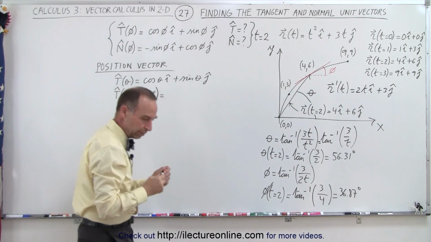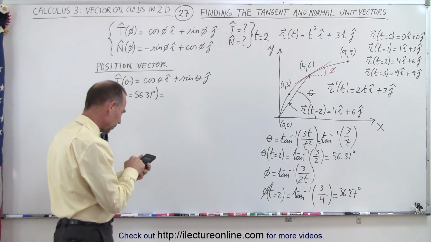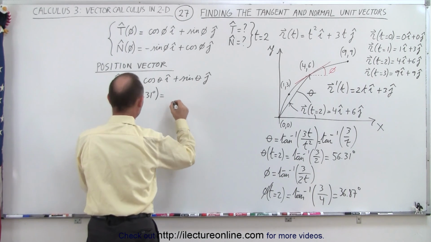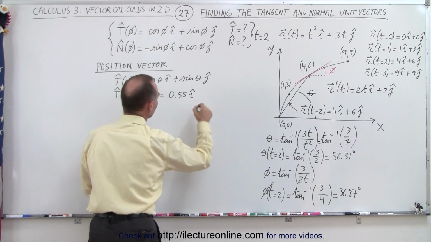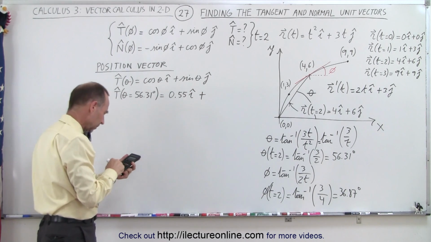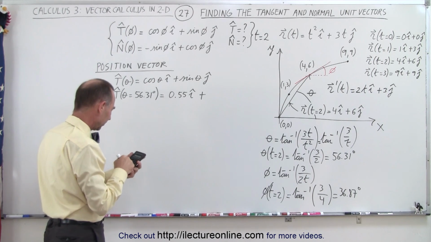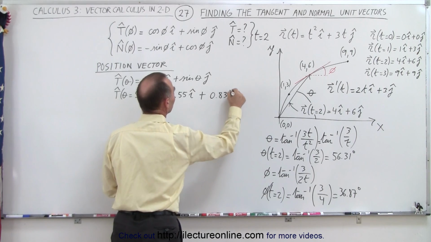So the cosine of 56.31 is 0.55 in the i direction, plus the sine of 56.31, which is 0.83 in the j direction.